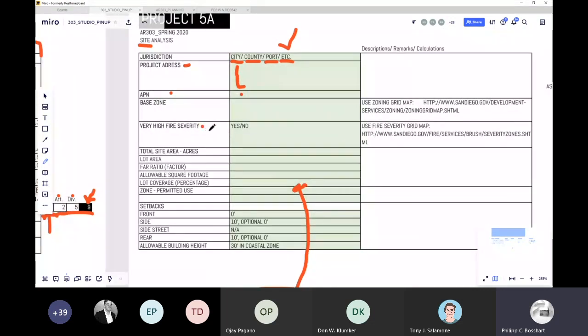Just for fun too, see if you can find and locate what type of fire rating or severity the property or site has. I think this is an increasingly important issue. We're starting to see that the fire season is encroaching more and more into the city limits.